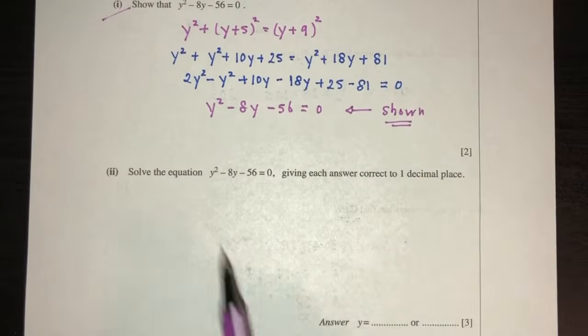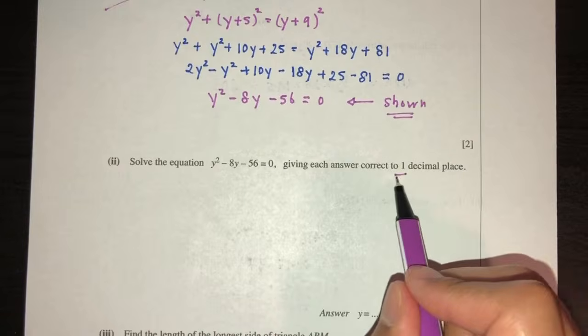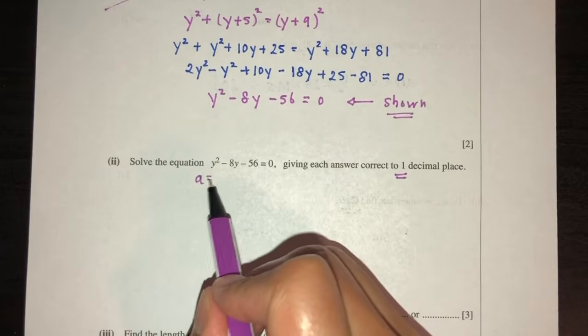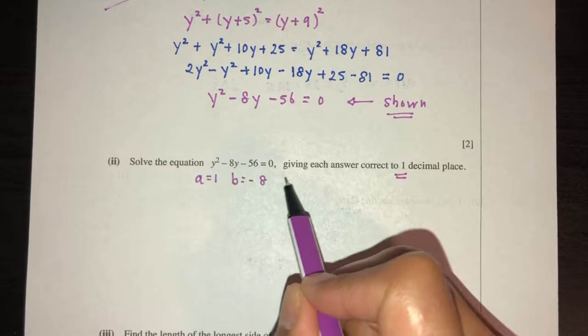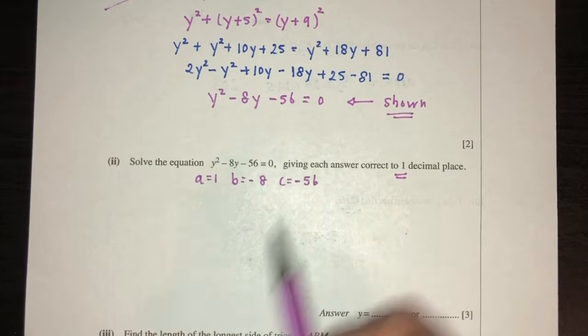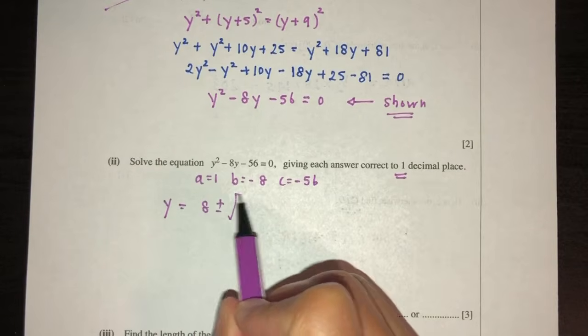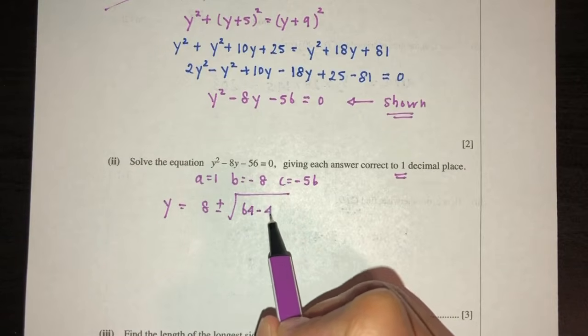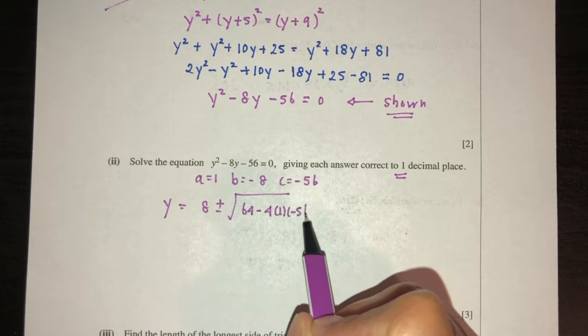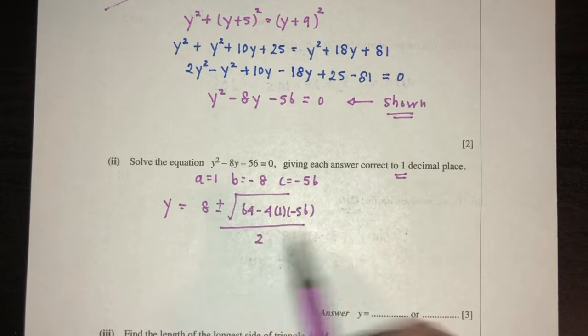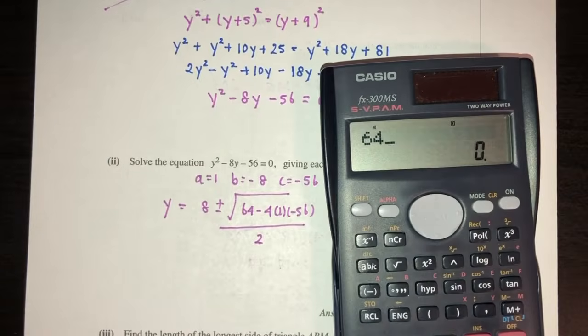Now for part 2, solve this equation giving your answer correct to one decimal place. So a is 1, b is minus 8, and c is minus 56. Your formula will be minus b plus or minus root of b squared minus 4ac, divided by 2a. That is 64 minus 4 times 1 times minus 56.